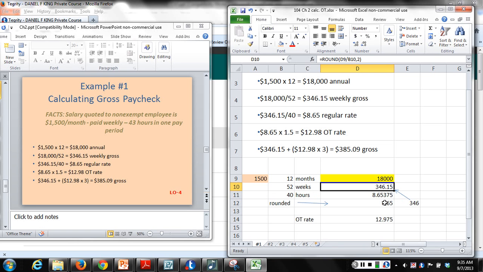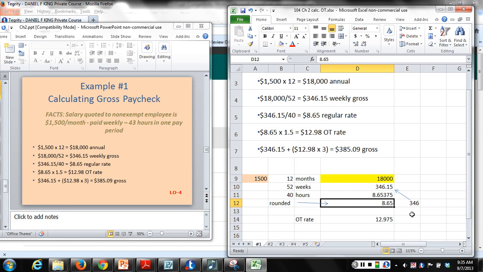In other words, when you round a subsequent number that you derive by division, and you drop off the rest of that fraction, you can't get back to where you started. You get 346 instead of 346.15. So don't make that error either. Don't reconstruct the total weekly gross using your rounded hourly rate, because you won't get back there when there's rounding, and in most cases there is a rounding issue to deal with. So keep that idea in mind.